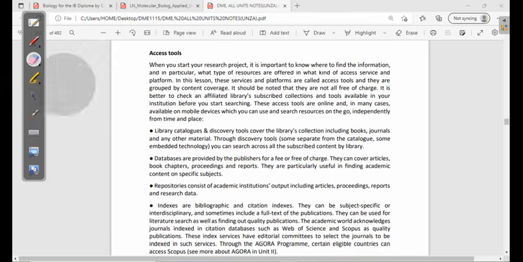And we also have repositories, which consist of academic institutions' output, including articles, proceedings, reports, and research data. Repositories are simply academic institutions' output. Maybe you've got this academic institution, so all their findings are in a certain place, in a certain file, in a certain location.